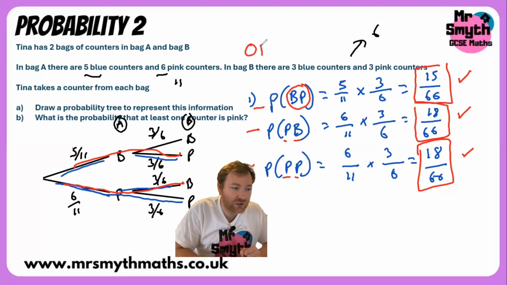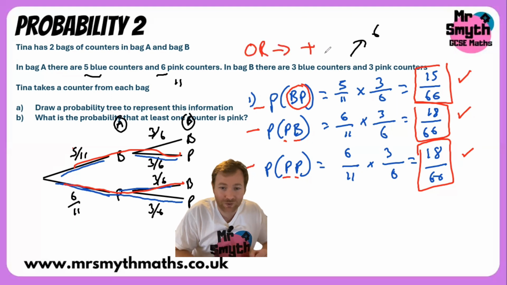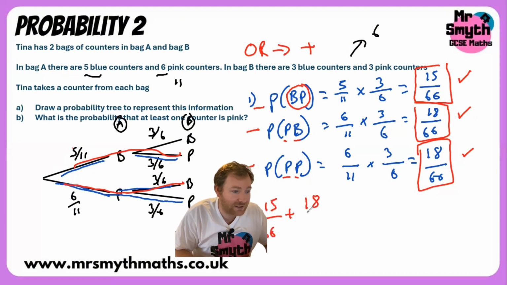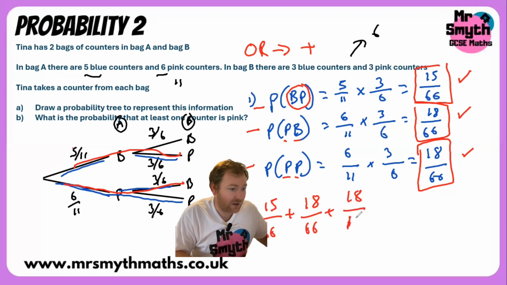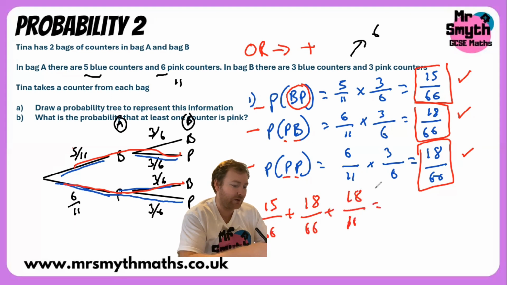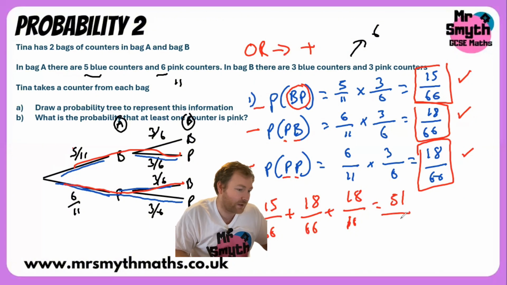And notice, because I've said or, that means we're going to add them. Now, luckily, we've got all the same denominators, so this makes life a heck of a lot easier. So let's do the 15/66 plus the 18/66 plus the 18/66 there. I'm going to need a calculator. So let's just add 15 to 18 to 18. That gives me 51/66. And that is your final answer.